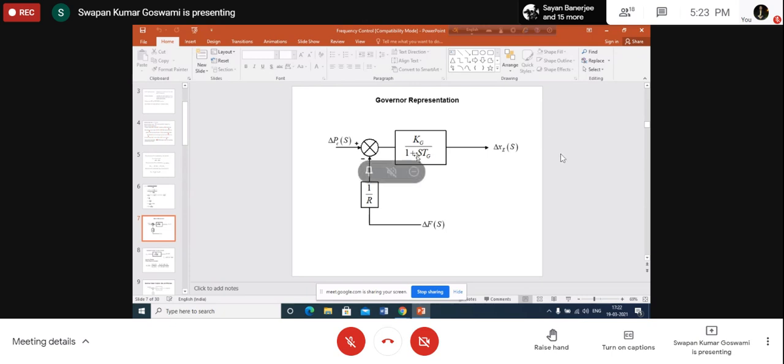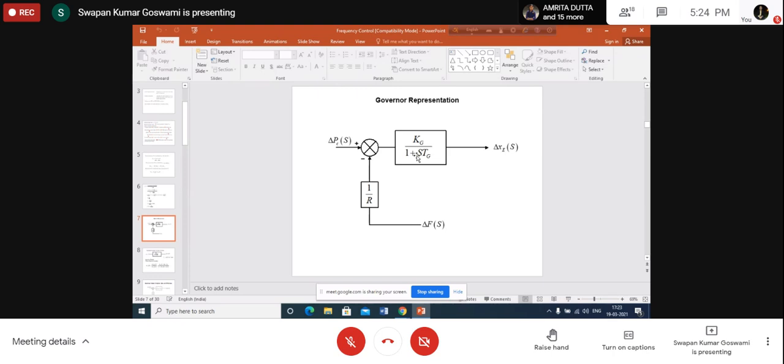Now we shall have to represent other things also, because so far you have only represented the speed governing system. But what else is there in the power system? Whenever you will be discussing the frequency control, you have to consider the turbine, the generator, and the load, because variation of load creates change in power balance, and change in power balance brings the change in frequency.